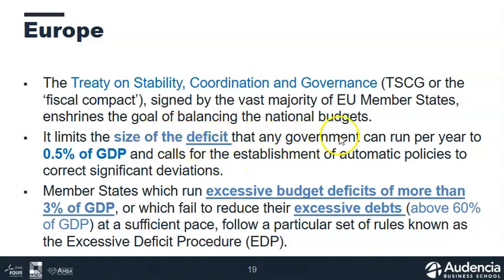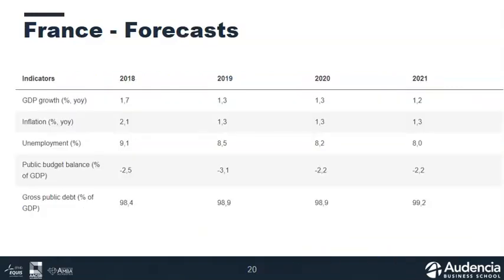The limits would be a budget deficit of no more than 3% of GDP, and debts above 60% of GDP should try to be avoided. So, where are we? Well, France is currently running, like I told you before, very close to 100% of our debt as a percentage of GDP. So we've easily exceeded that 60%.